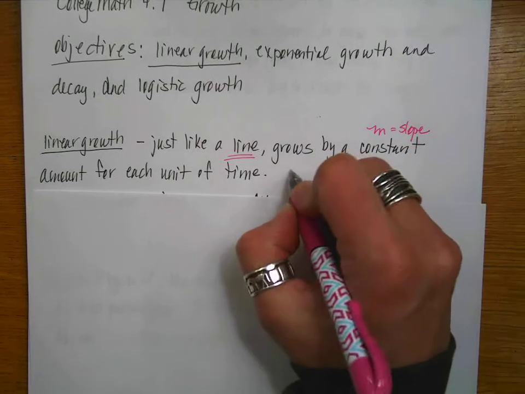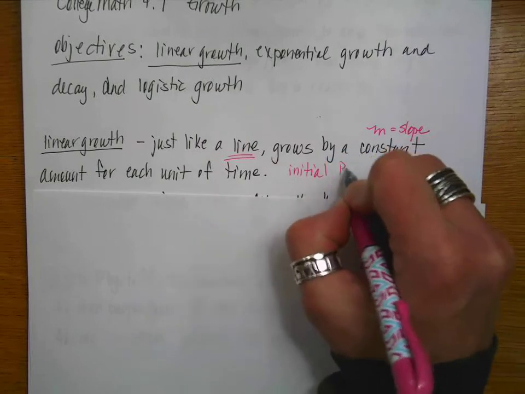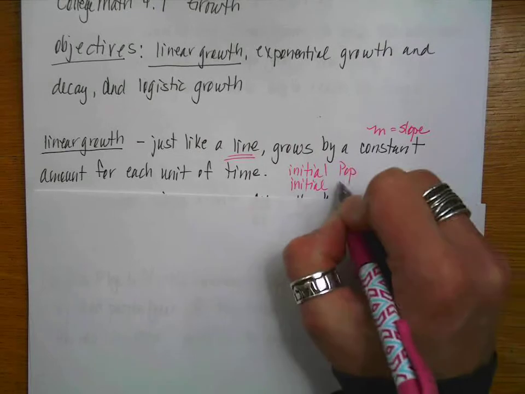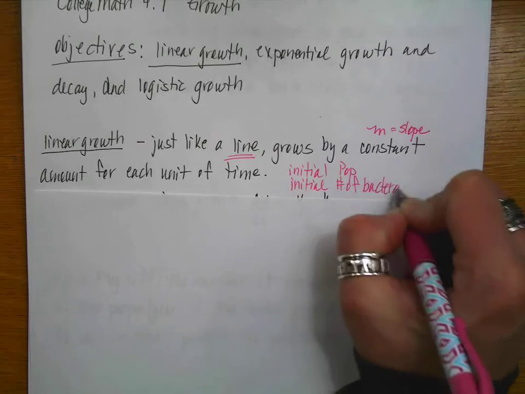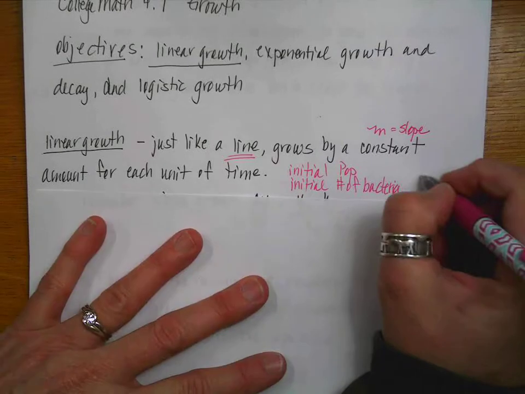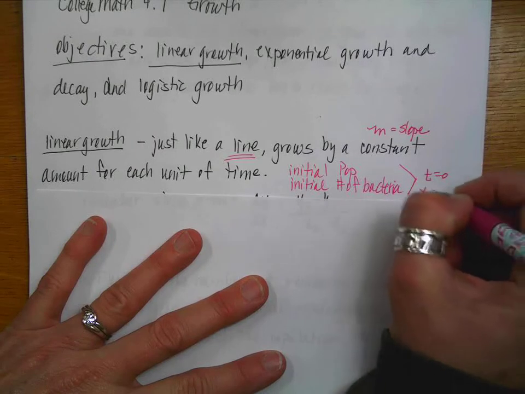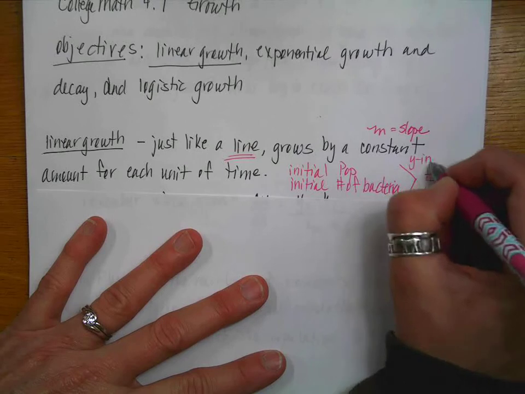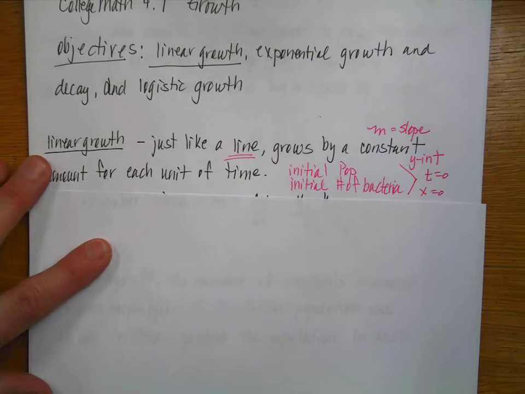And another thing that I would add is an initial population and initial number of bacteria. Whatever we're talking about for initial is always going to be when time is equal to 0 or when x is equal to 0. So that's also going to be the y-intercept. Okay? So those are the things that we're going to talk about with linear growth.